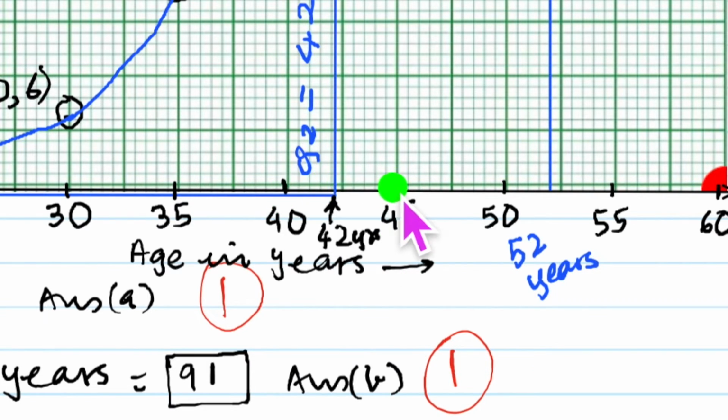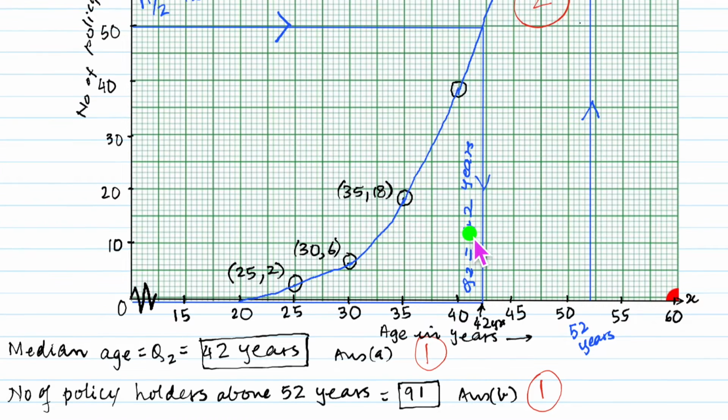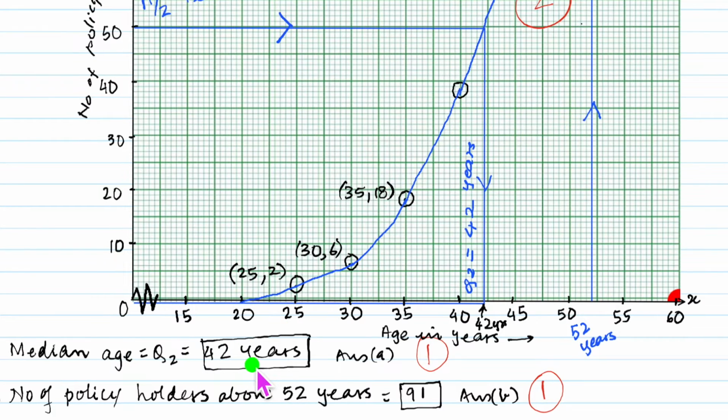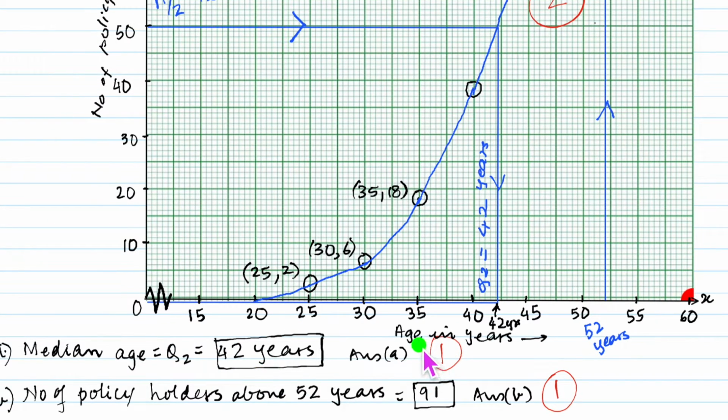So 10 divisions represent 5 years. So 1 year will be represented by 2 divisions. Now there are 1, 2, 3, 4 divisions up to here. So that will be 2 more years after 40. So this will be read as 42 years. Okay, so we write here median is 42 years. So that is 1 mark.